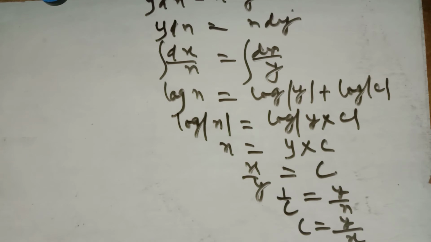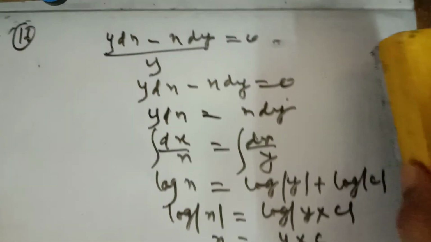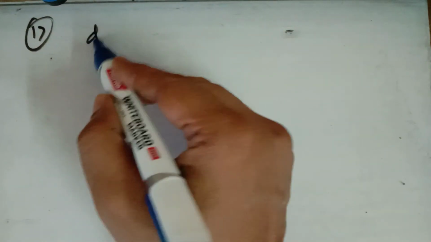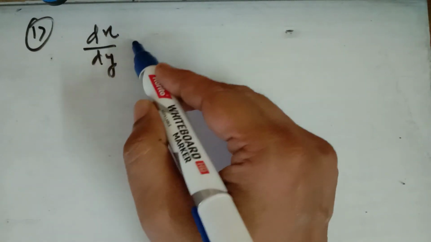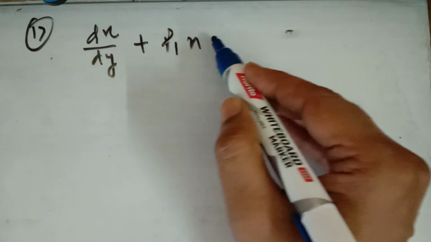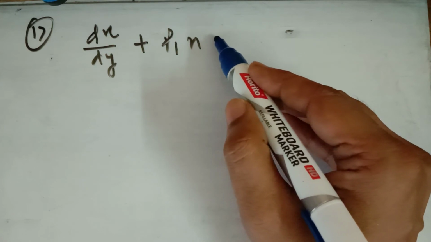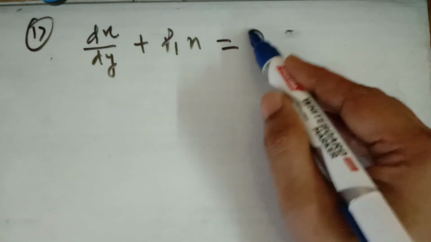Now in question number 17, what is given is the general solution of this differential equation, which is a linear differential equation of the second type.